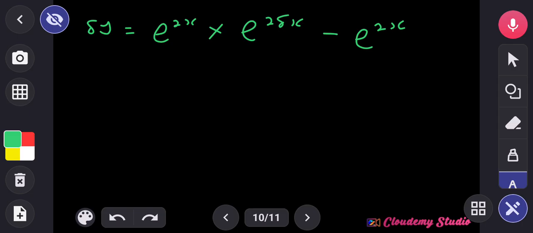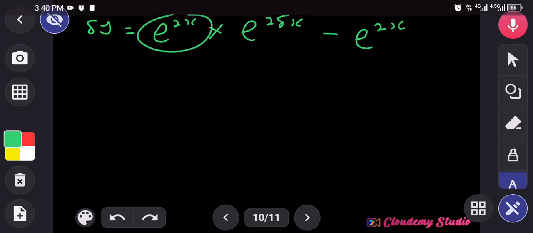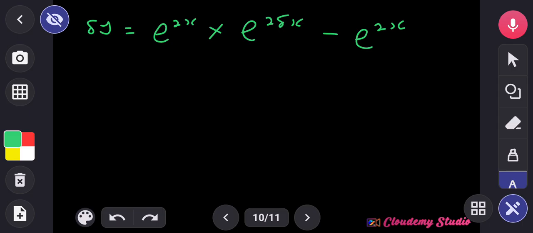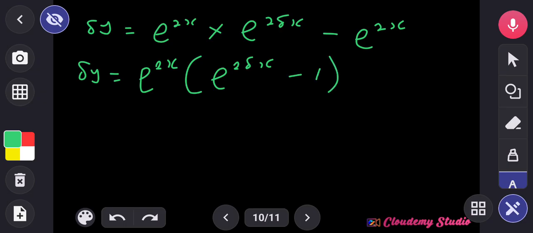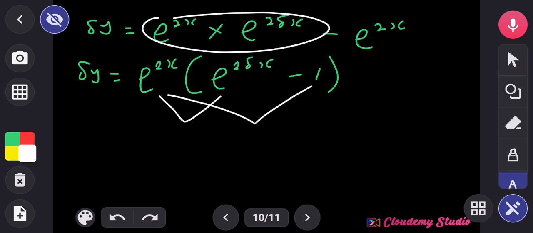We can factorize out exponential 2x, and in factorizing that out, we are going to have dy equals exponential 2x into brackets exponential 2 delta x minus 1. We have this. Now, if you multiply this one with this one, we are going to have this one, and if you multiply this one with this one, you are going to have this one. That is what we have.